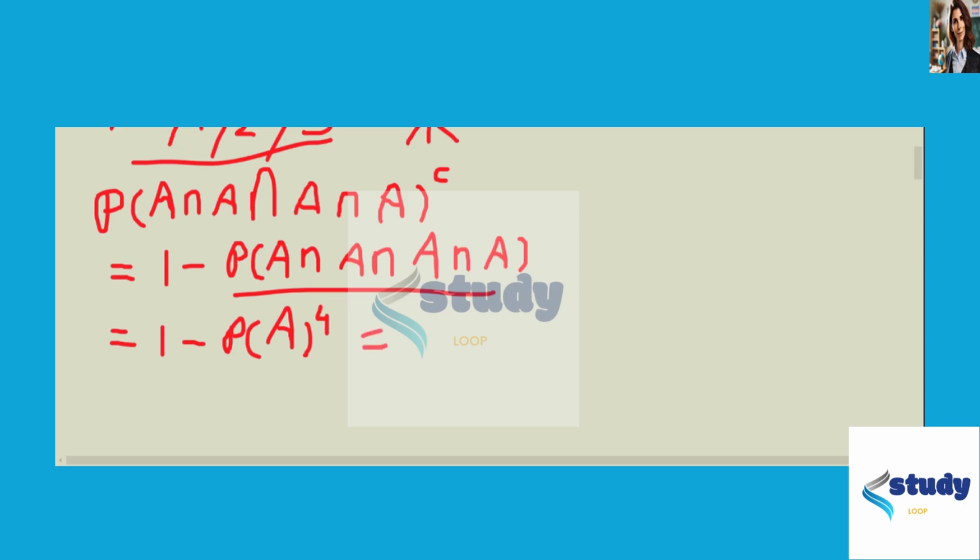So, this is equal to 1 minus (probability of type A, 0.4, raised to 4).